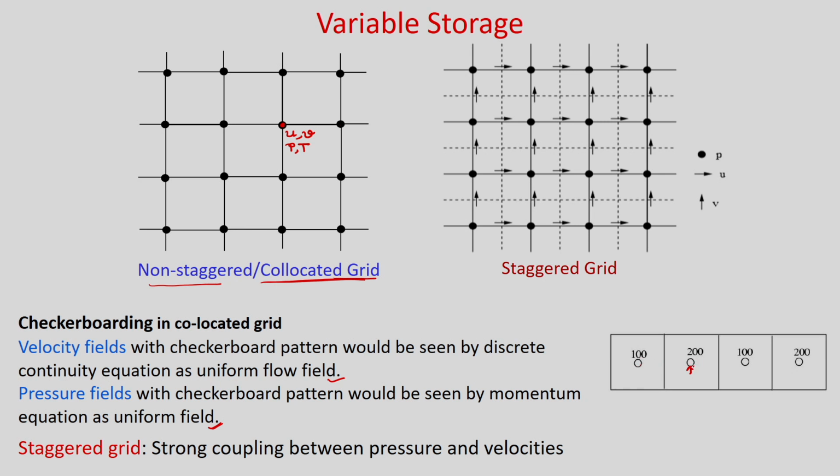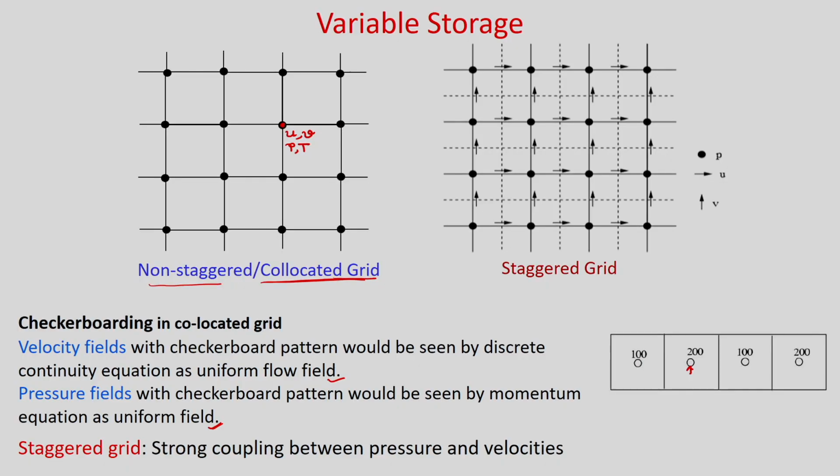Similarly, in the continuity equation, if you apply del u by del x here, it will become 0. So, it will feel that you have a uniform flow field, but you have a velocity variation. That is the disadvantage of the collocated grid, but there are ways to overcome this problem, and you can use momentum interpolation, like Rhie and Chow proposed, to overcome this velocity pressure decoupling problem.